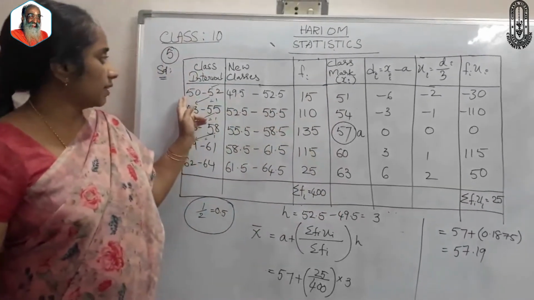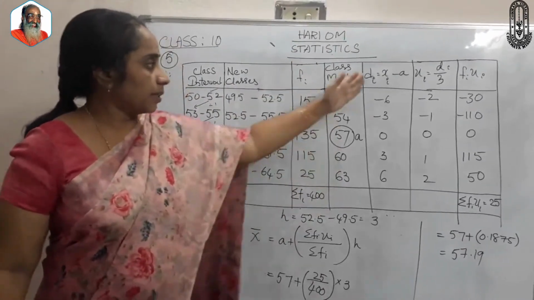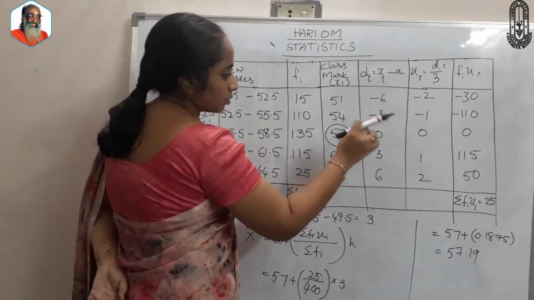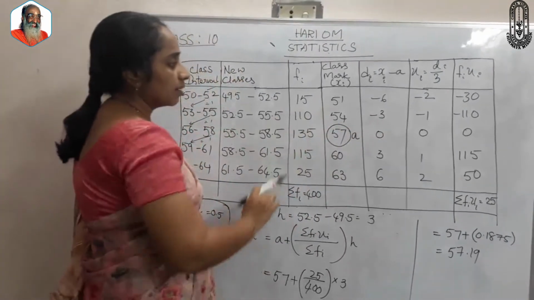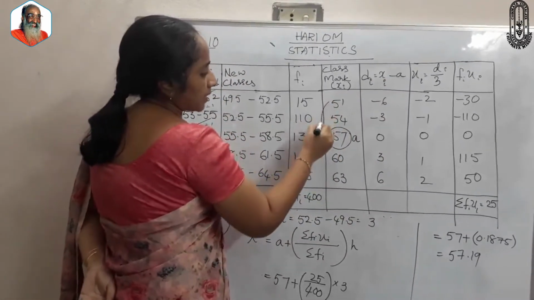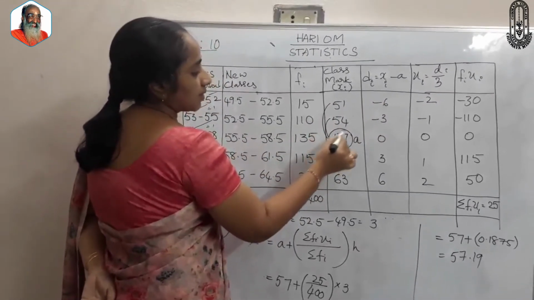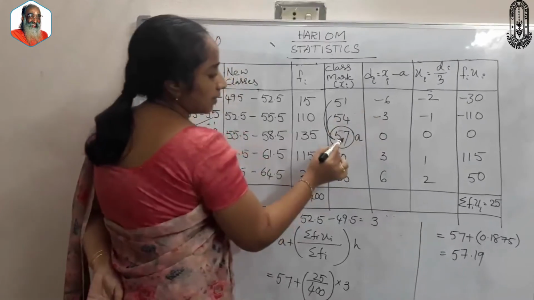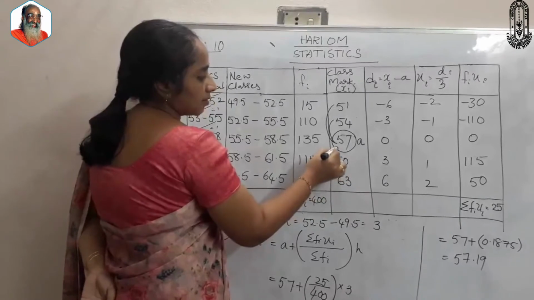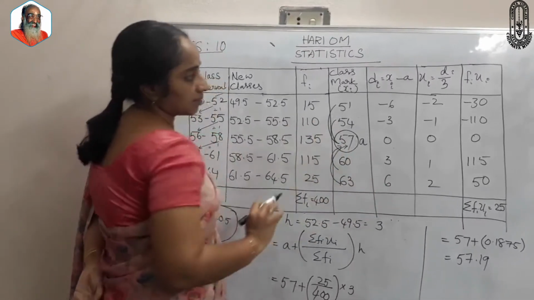Exercise 50 plus 52 by 2, the exercise values are the same. Coming to DI, here I assumed the mean as 57, so these values, 51 minus 57, it is minus 6, 54 minus 57 minus 3, 57 minus 57 0, 60 minus 57 3, 63 minus 57 6.